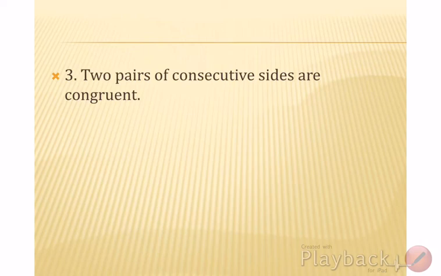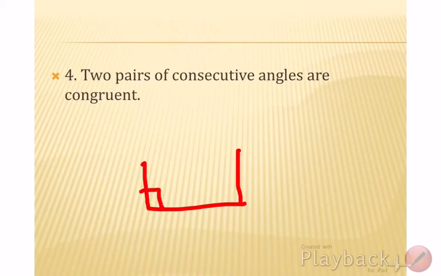Two pairs of consecutive angles are congruent. Okay, I'm going to do a 90 because that's easy to see. That's one pair of consecutives. That would be another one. Yep, that's enough information for me. Clear.